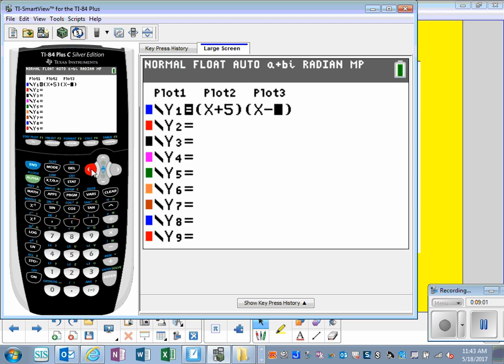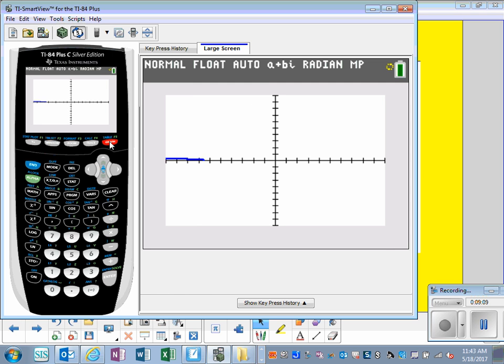Okay, so I'm looking for my horizontal asymptote. It looks like it's somewhere around 1, maybe 2, but more likely 1, right? No, it's on 2 for mine.